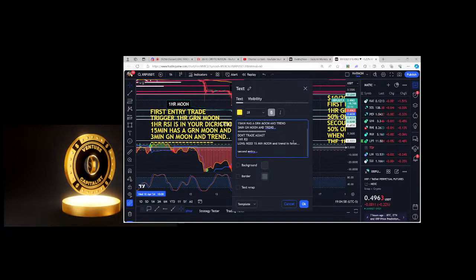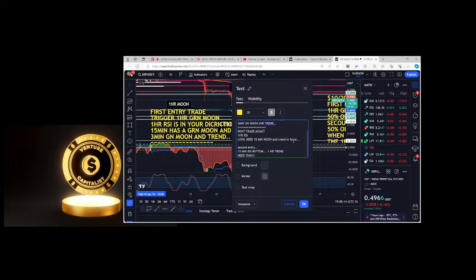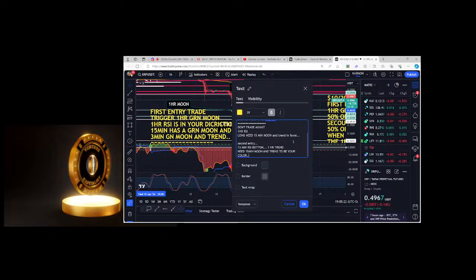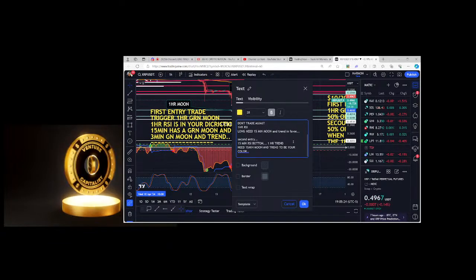So once again, the second entry, same thing: if it's going to be the 15-minute RSI bottom or the 1 hour trend, at the end of the day, you still need the 15-minute moon and trend to be your color. And that's pretty much the basis of it, right?